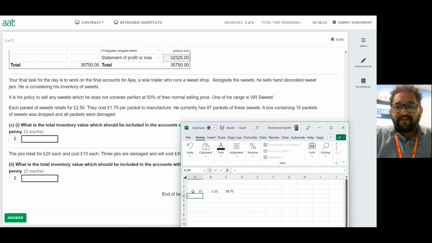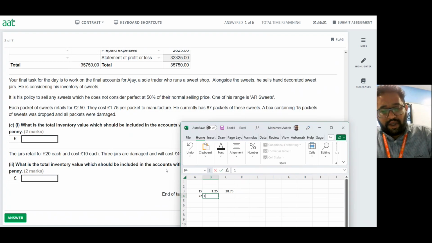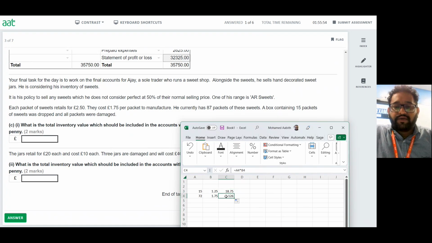How many packets do I have left? I have 87 minus 15, and that is 72 packets. They will be sold at £2.50. Therefore, the cost will be used in valuing the inventory. So I'm going to just drag and drop here. It will tell you that's £126.